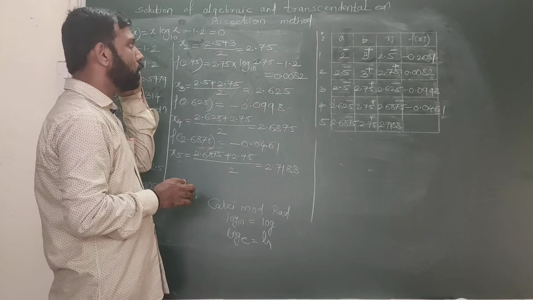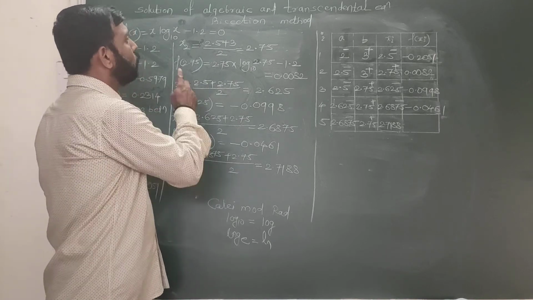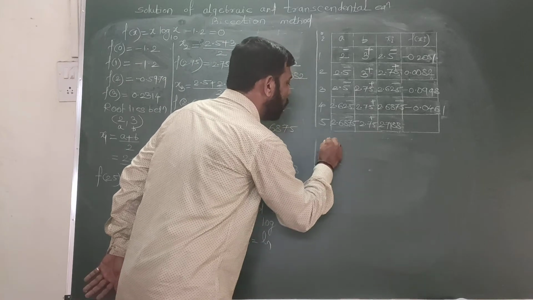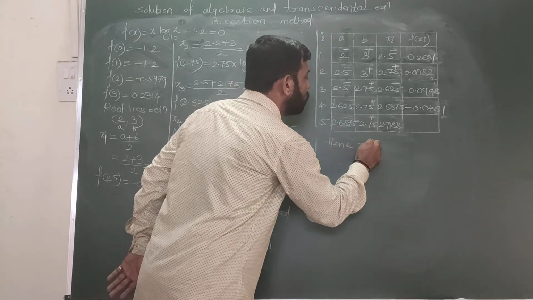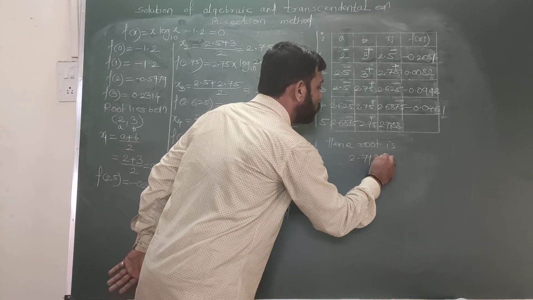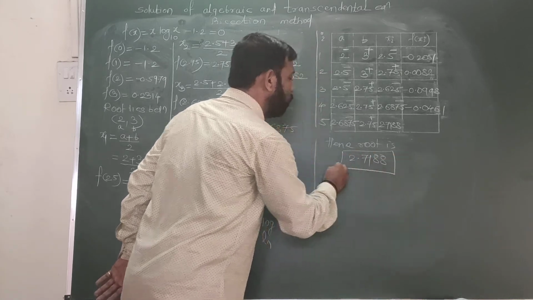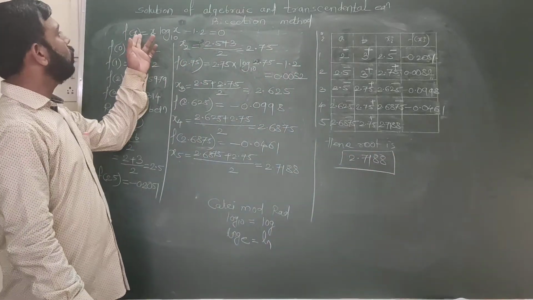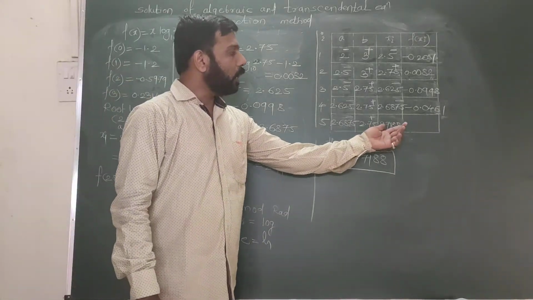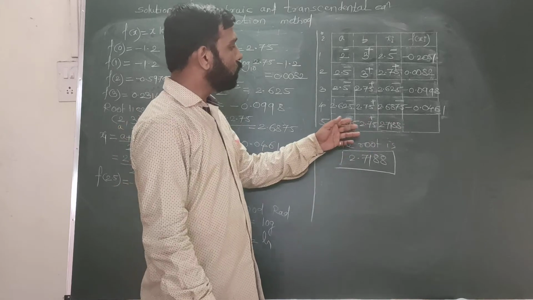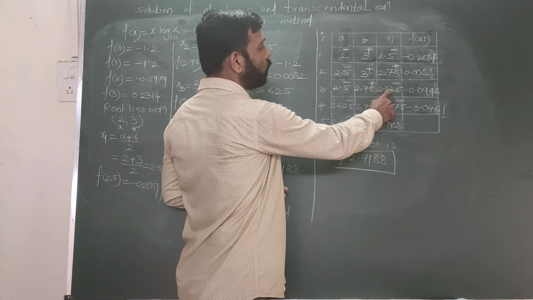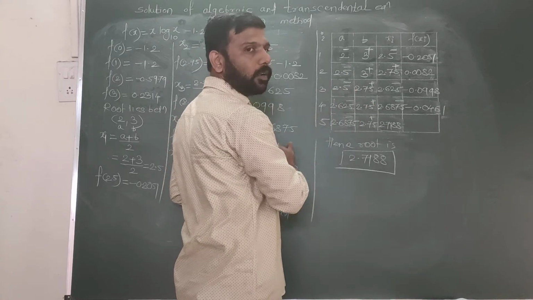So we have discussed up to the fifth approximation. This is the discussion using the bisection method. The last value we have here, we claim, hence the root is 2.7188. So this is the root of the given polynomial f of x. Now we can tally our answer at each step. Suppose the value is 2.62, it must be in this interval.